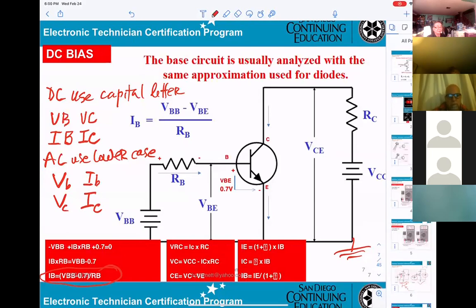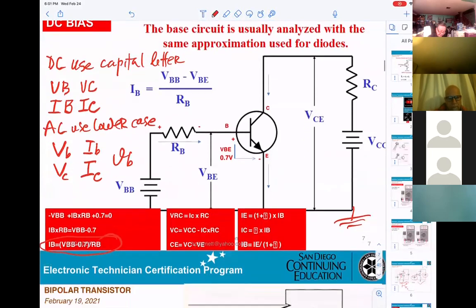That's okay. But most of the textbooks use the way I show you. You can use both, and you know, that's okay. Try to separate between the AC and the DC.